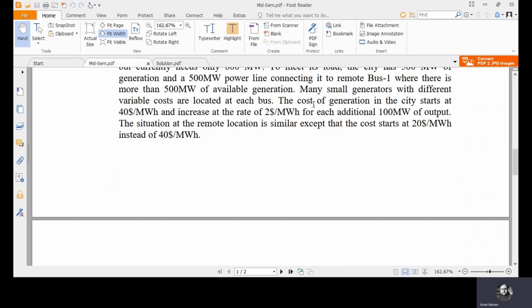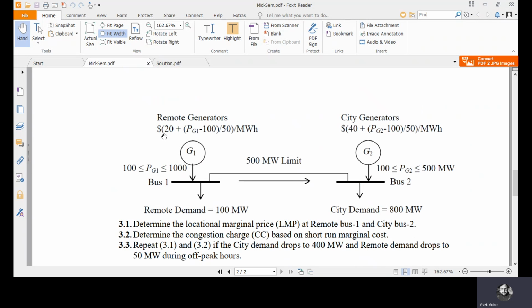Now, as per the question, the generation costs of both the city bus and the remote bus are given here: $40 and increasing at the rate of $2 per megawatt hour for each additional 100 megawatts of output, and here it is $20 with the same situation. So the expression for incremental cost is given.